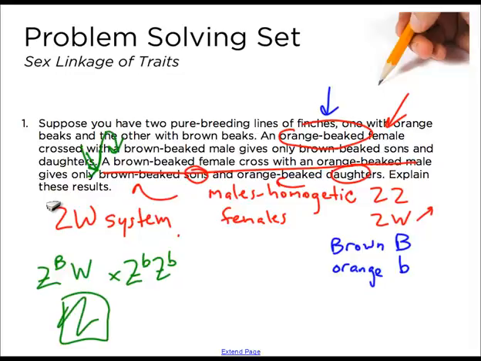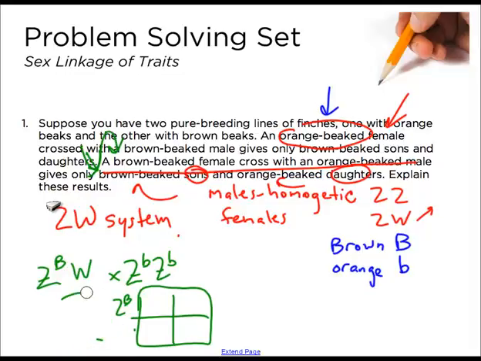I want a bigger Punnett square box to write my results in. So the female can only make those, I apologize, you guys. Make this neat. She makes that and W. The male makes Z little b, and let's fill in the boxes.